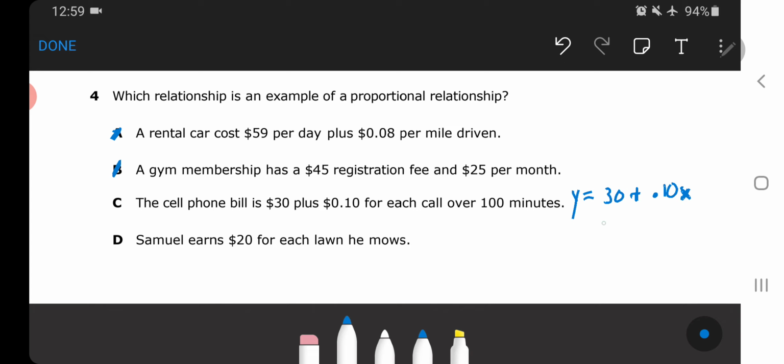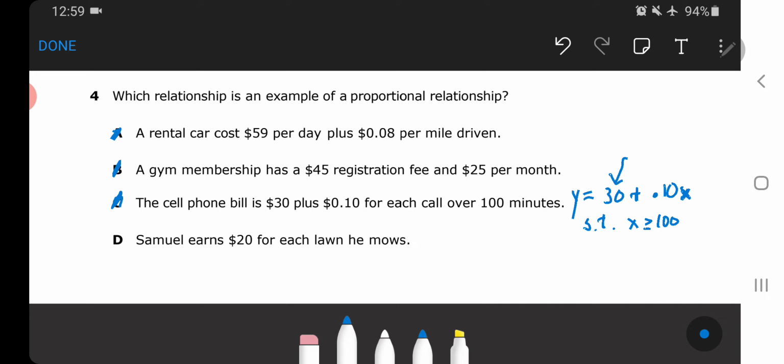Once again, you would have to write this such that X is greater than or equal to 100, just to represent that after 100 minutes this equation starts going through, otherwise it's just $30. So we do have a starting point once again at $30. So it is not proportional.